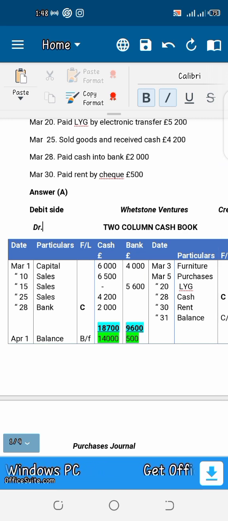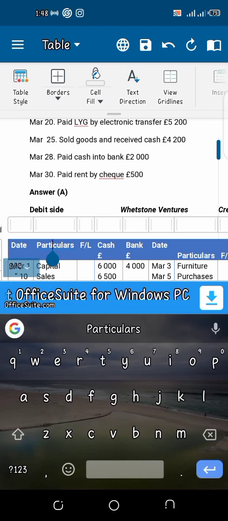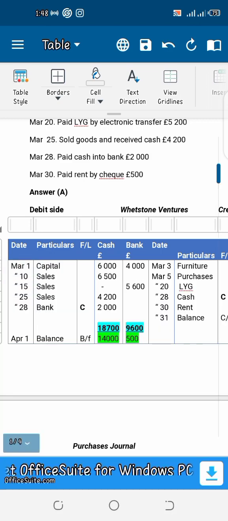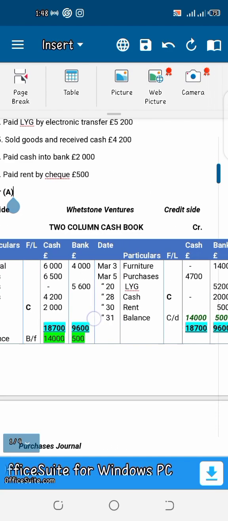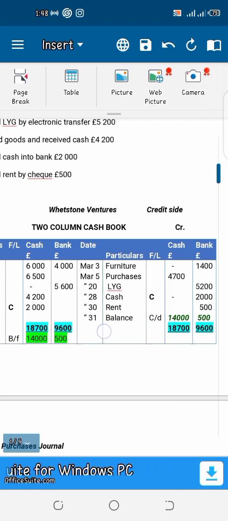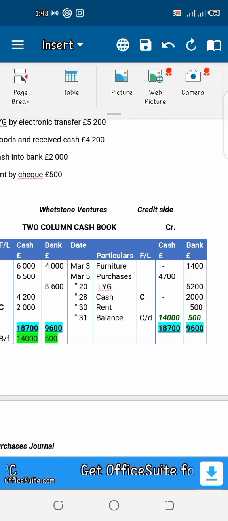Now at the debit side, we have the headings: date, particulars, folio, cash, bank. We also have the same headings at the credit side: date, particulars, folio, cash, and bank.